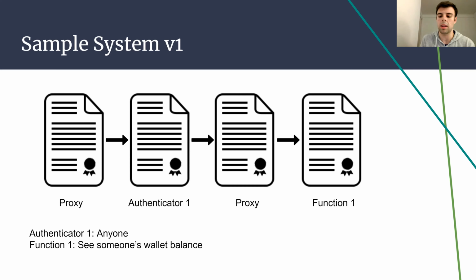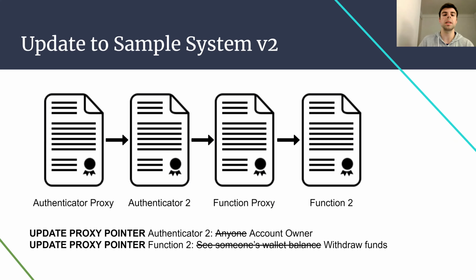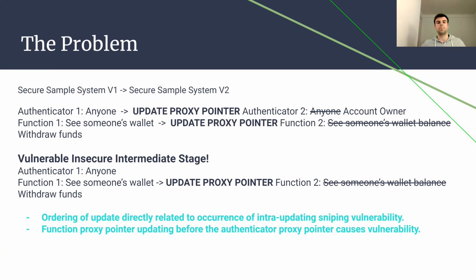Anyone can see someone's wallet balance. We want to update that to a different system where the account owner can withdraw funds. So we're making two separate upgrades. We're changing both the authenticator proxy and the function proxy to different contracts, and pushing both of them to the blockchain.